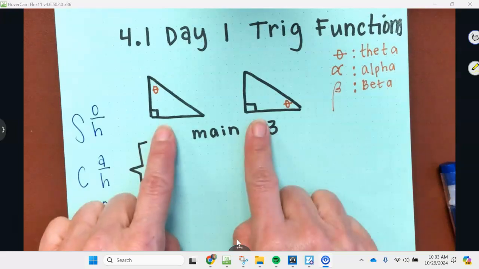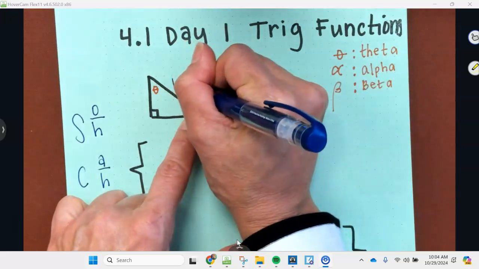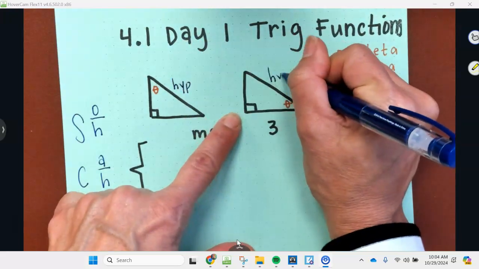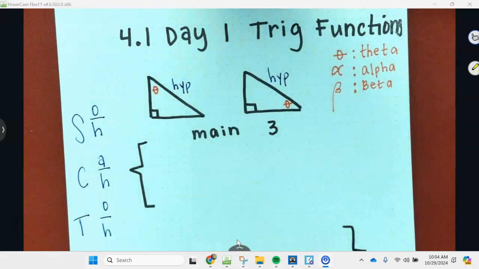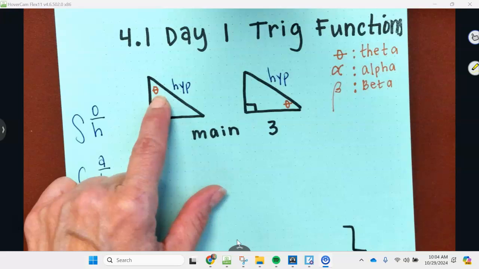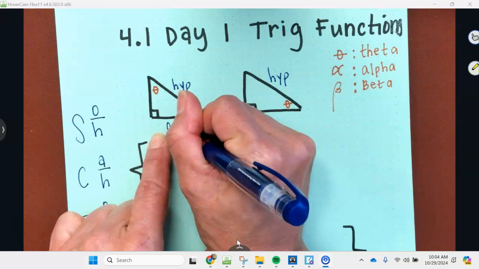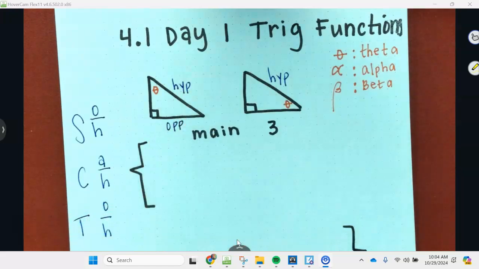So the good news about your right triangle, you know the hypotenuse never moves. The hypotenuse is always across from the right angle. And then opposite and adjacent depend on where the angle is that you're looking at. First of all, opposite is literally in the opposite direction of the angle. So if the angle is up here, then I'm going to go in the opposite direction, and this is considered the opposite leg. And y'all remember, adjacent means right next to, like this classroom wall is adjacent to Dr. Hosman.